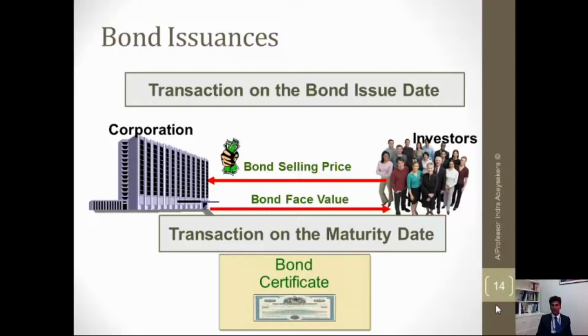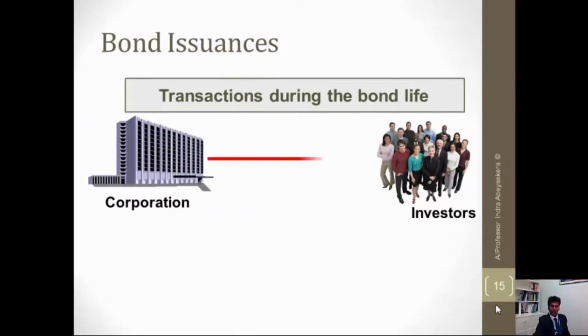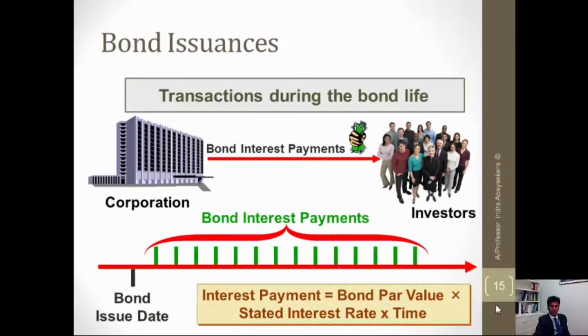The bond has a face value that is shown on the bond certificate that has to be settled. During the period, the bond is being used by the company. The company will have to pay interest and the principal repayment on the bond.